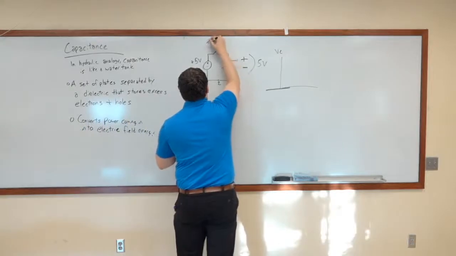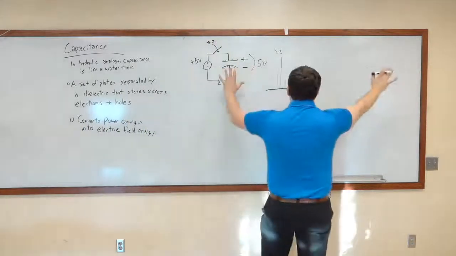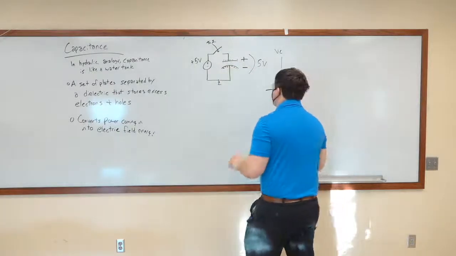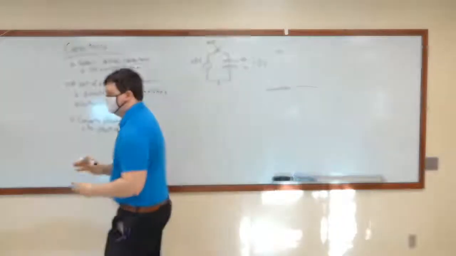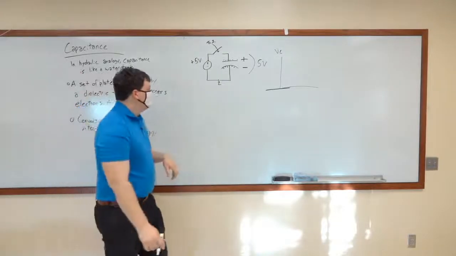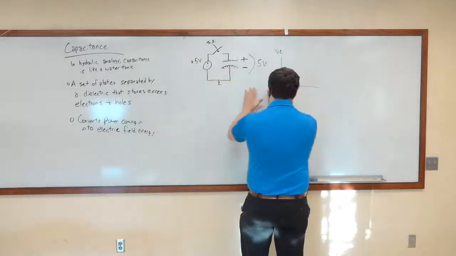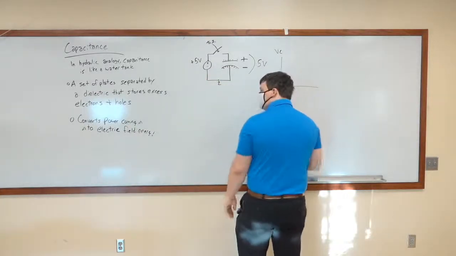So I'm going to say t equals 2, the switch is flipped. If we're going to just plot the voltage across the capacitor for this system, this goes from starting at 0 volts.